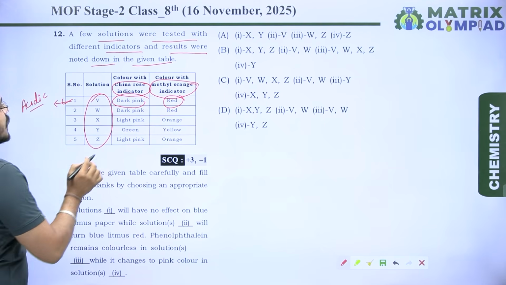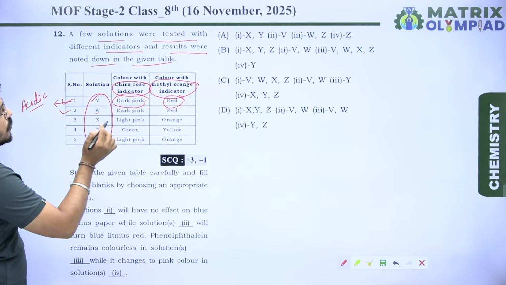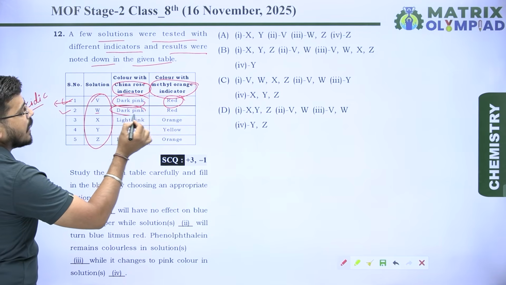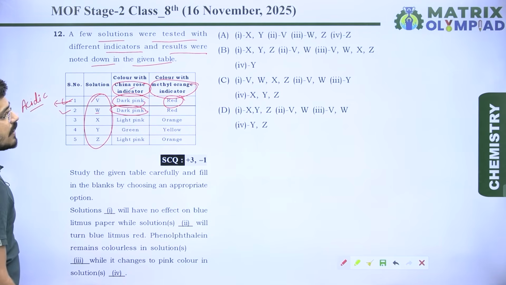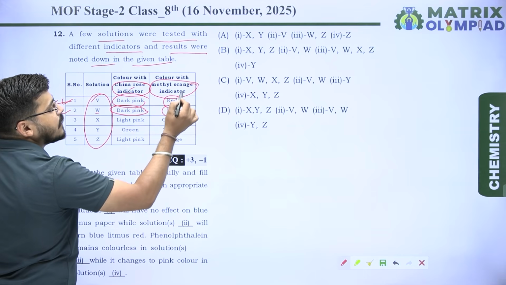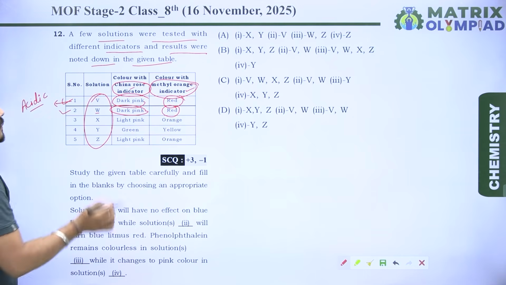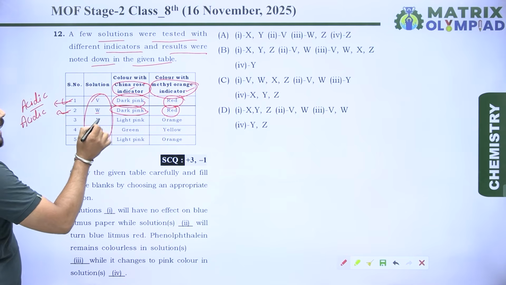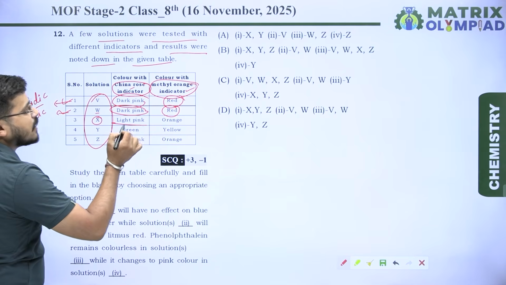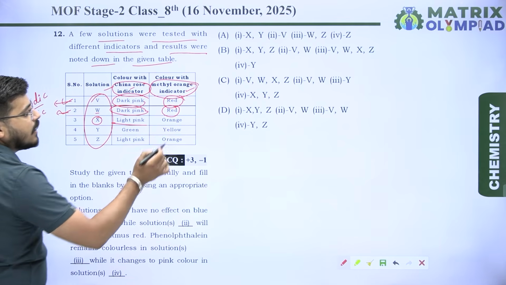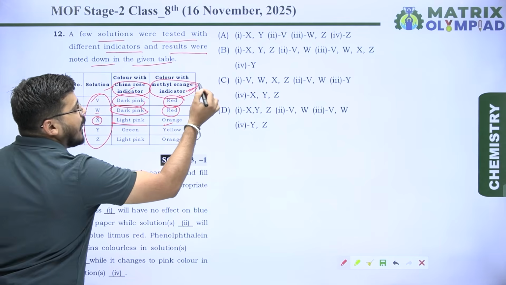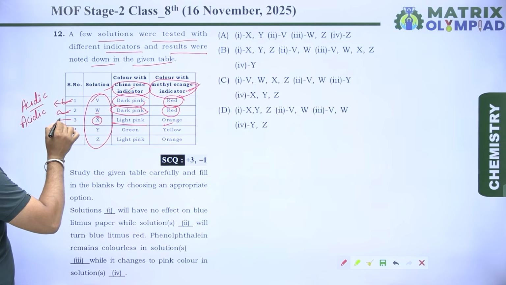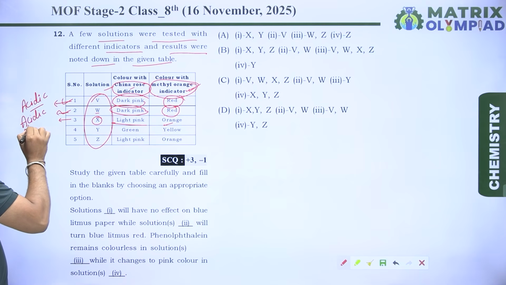In the second solution, W again shows dark pink color in China rose indicator and red color in methyl orange indicator. Therefore, it is also an acidic solution. X solution shows light pink color in China rose indicator and orange color in methyl orange indicator. Therefore, it is neutral in nature.